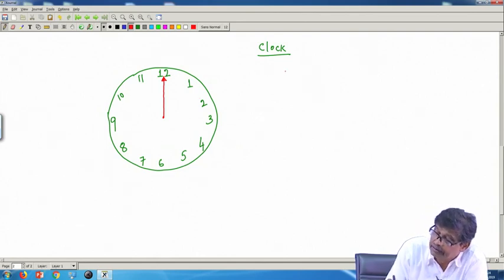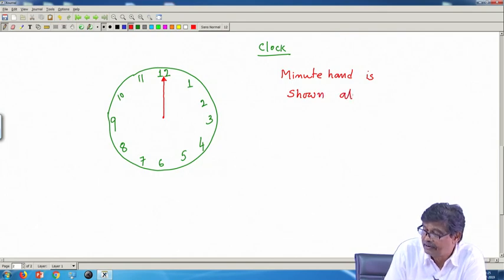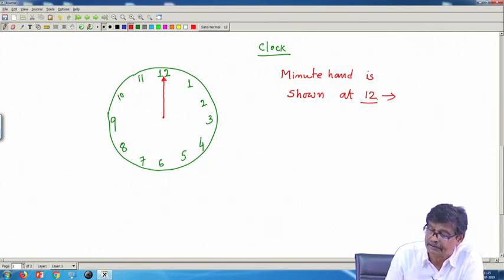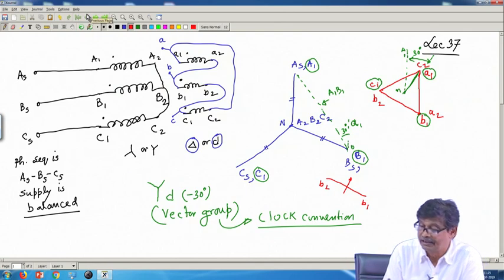Now, what is done is this: the minute hand is shown at 12, always you show it, and let this minute hand represent the primary side voltage with respect to neutral, that is this voltage ASN or A1N, the primary side neutral voltage.